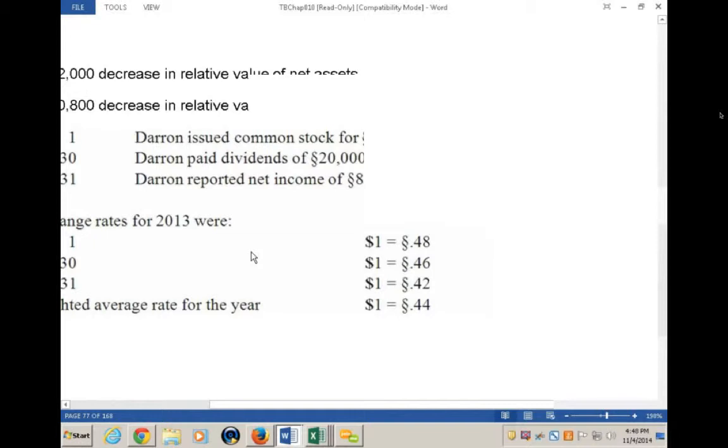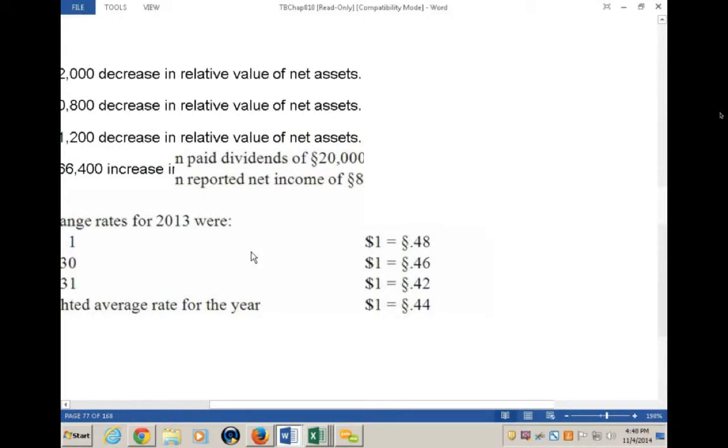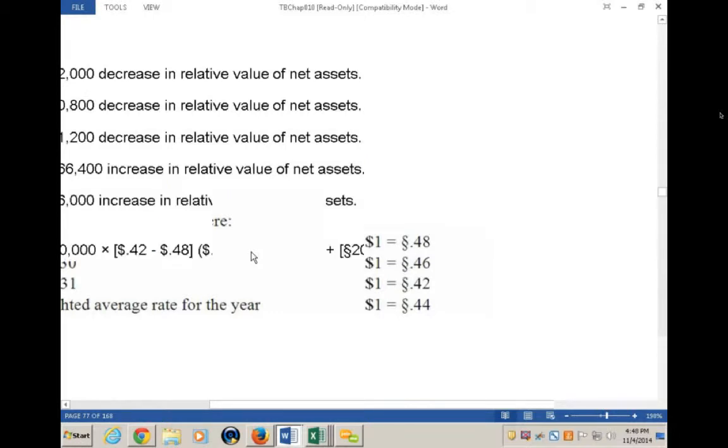420. The equity was 1,000,000 and gets translated at what rate? Historical, which is when we issued, which was 0.48. So when you translate the equity, you would translate it at 0.48, and you would get 480.